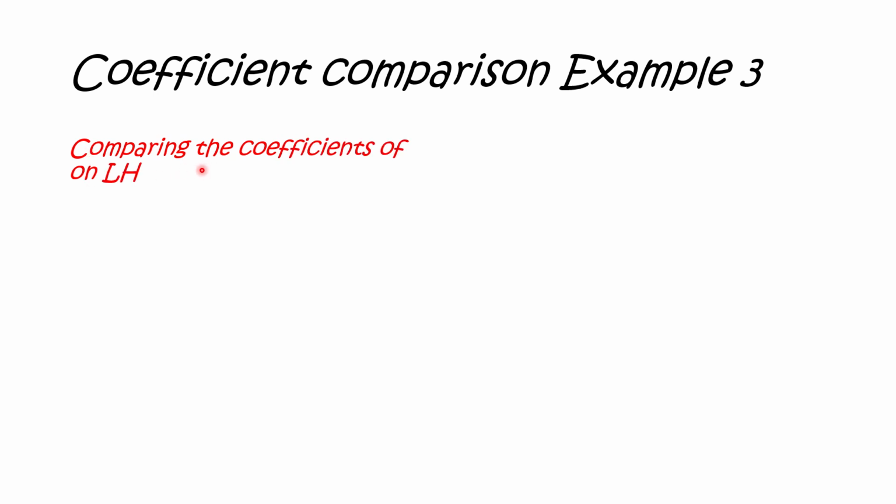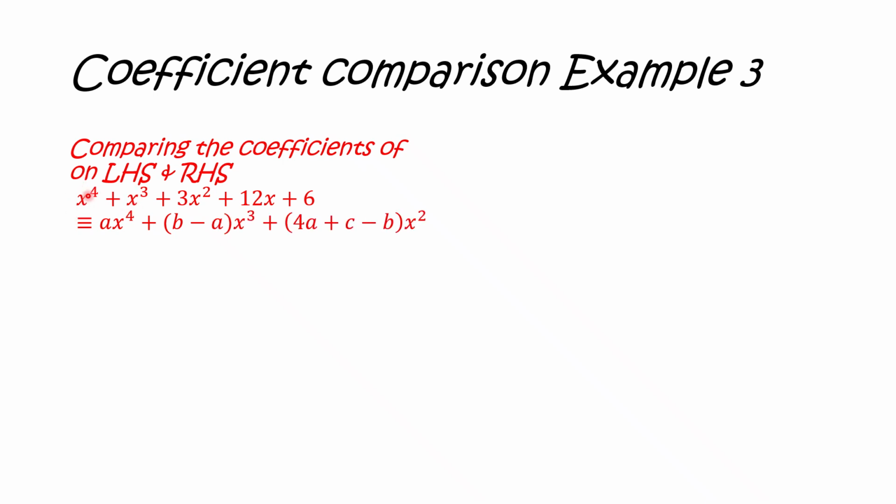So with that in mind, we are going to compare the coefficients of x, starting with the highest power of x. So in this case, we have the quartic, x to the power 4. Comparing the left-hand side with the right-hand side, a is equal to 1. That's one thing that we got.